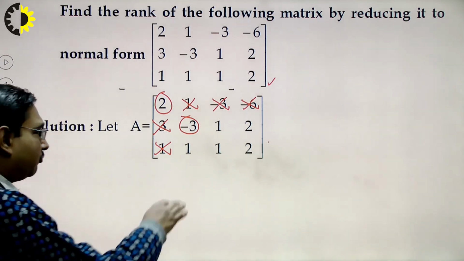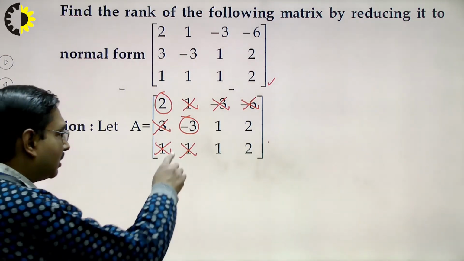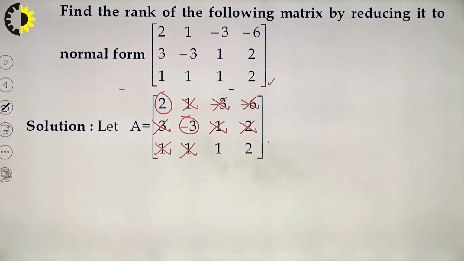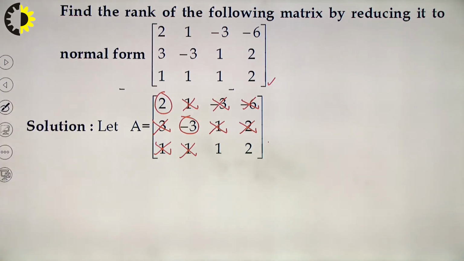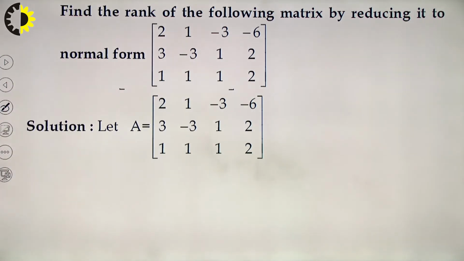With the help of that one, remaining elements of that column will be converted to 0. Then remaining elements of that row will be converted to 0, and this process will be repeated, and by doing so we will obtain the required normal form, and then the order of the identity matrix occurring in normal form will give the rank of the matrix. Let me start.